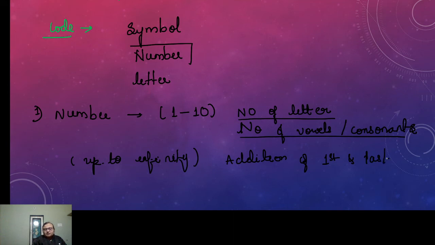Like this you can add. Okay, it can be addition of the alphanumeric value of vowels, addition of alphanumeric values of vowels, consonants, or all the numbers. Okay, like this you can have logic for number.